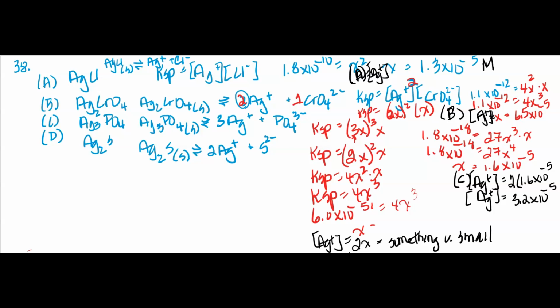For B, silver ion concentration is 2 times x.